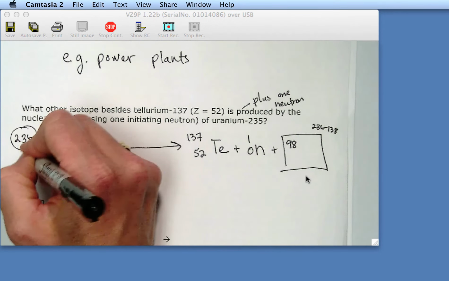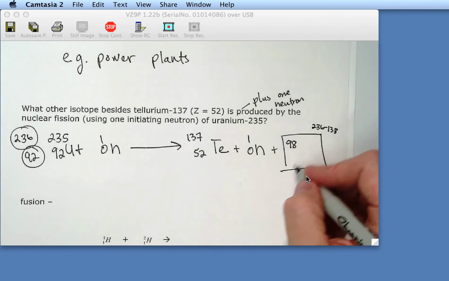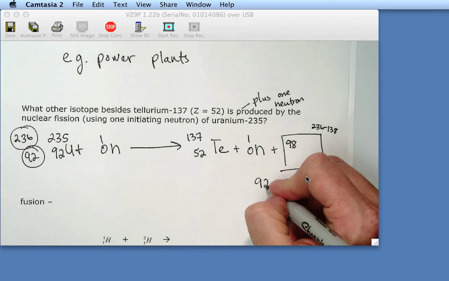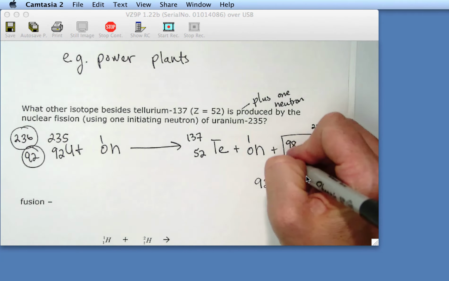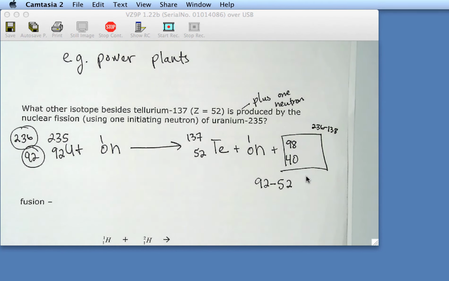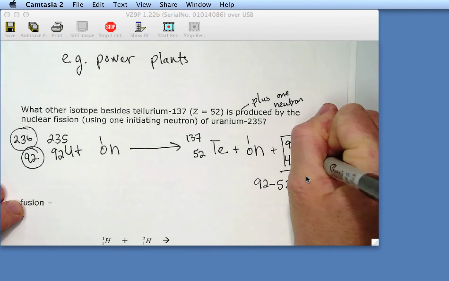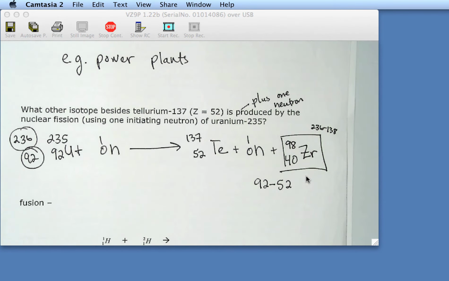Ninety-two is my sum here. So I need 92 minus 52, which gives you 40. So looking at the periodic table, what element is that? Zirconium. So this is an example of fission, using that initiating neutron.